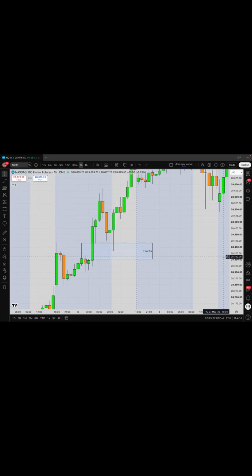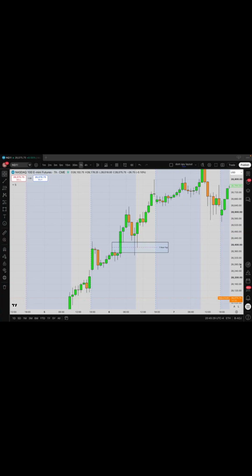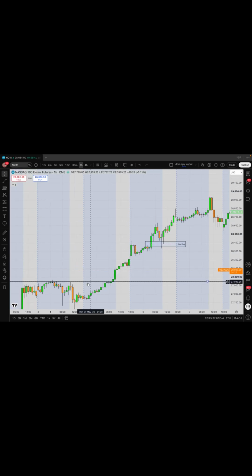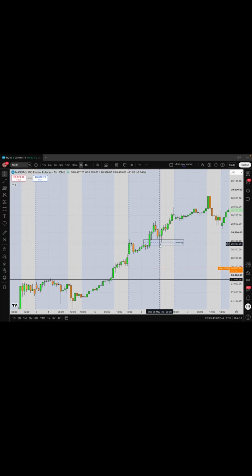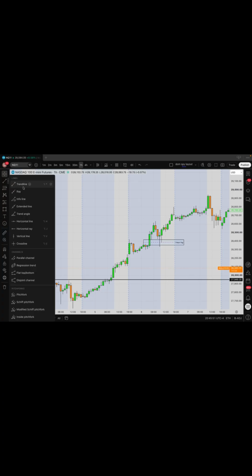So what happened here, and why is this a good fair value gap? Let's go back to market structure. So you have a low, a high, and then you have a low and a high. So we are in an uptrend, but to continue a healthy uptrend, you have to break structure.